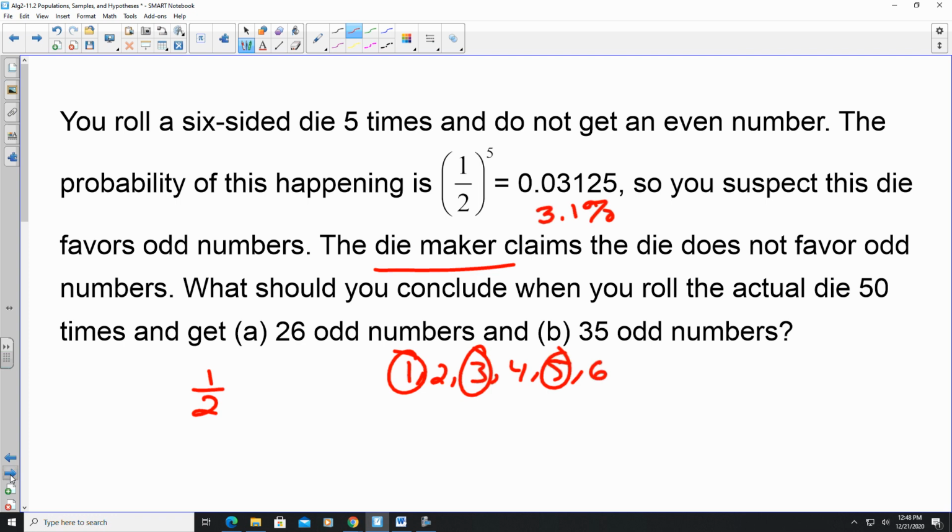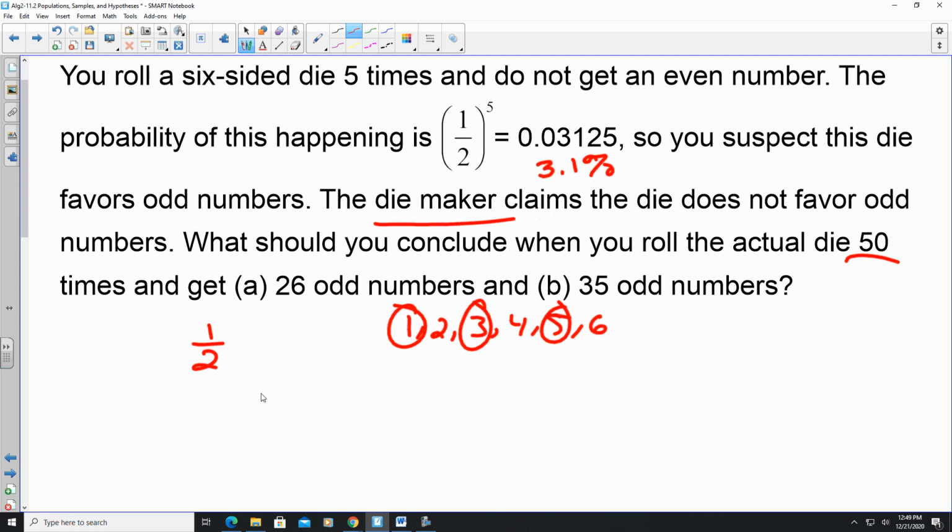So 3 out of 6 gets you 1/2. So what we do here now is assume that rolling an odd number, you have a 1 out of 2 chance of doing so. So you do your own experiment. You roll the dice 50 times. By rolling the dice 50 times, you get an experimental probability of rolling an odd number of 26 out of 50 times.